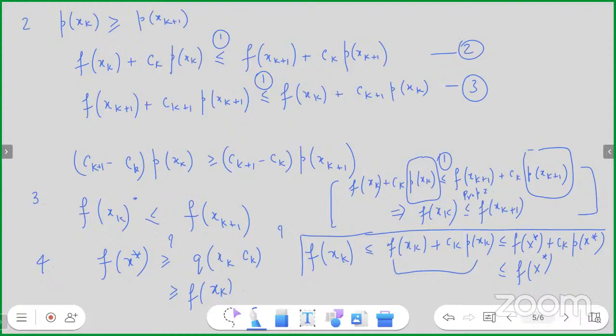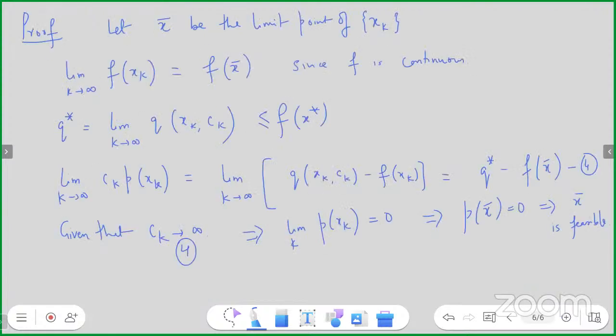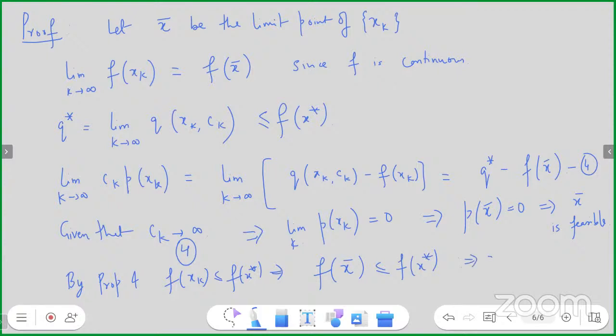So that is also true for the limit point. So by proposition 4, f of x_k is less than or equal to f of x star. Therefore, we get f of x bar is also equal to f of x star. Therefore, x bar is what?